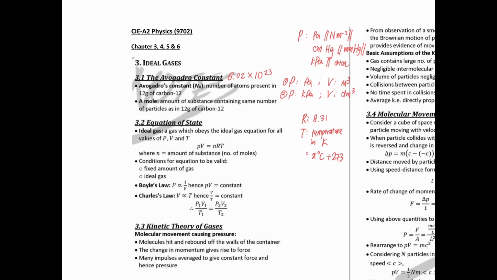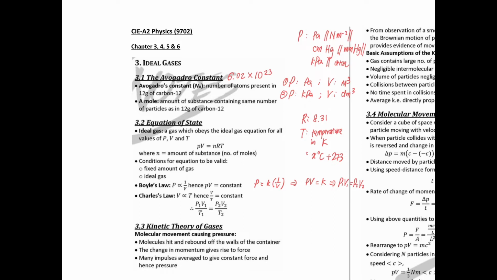When you have inversely proportional, you can create a constant of proportionality. Then we get PV equal to a constant. And of course, after that, we can create a formula which is P1 V1 equal to P2 V2. So that is the Boyle's law formula and its application.